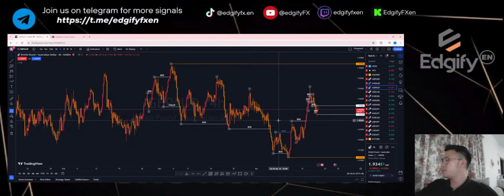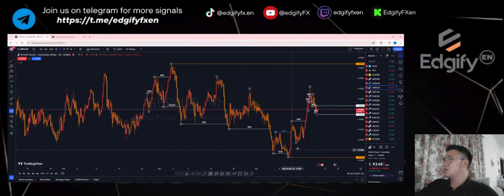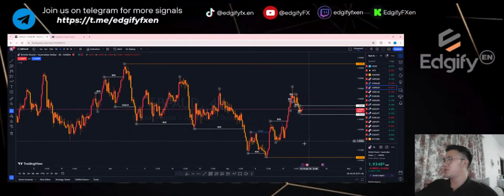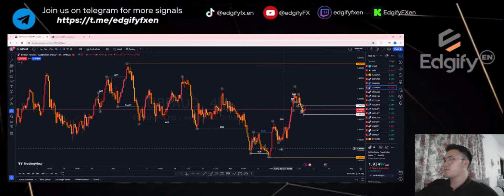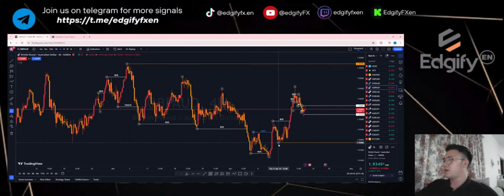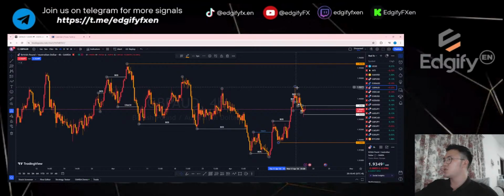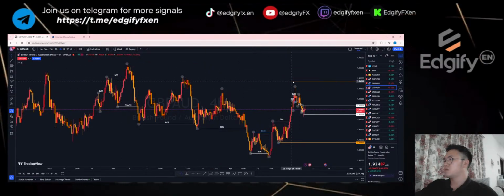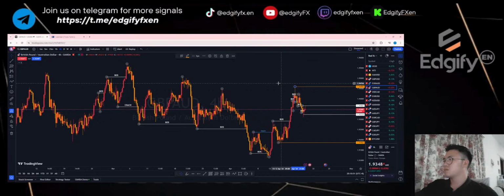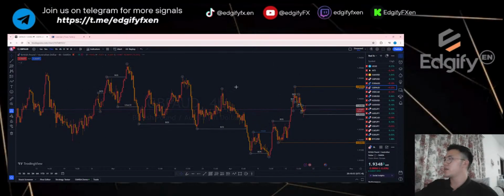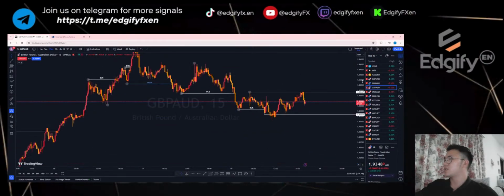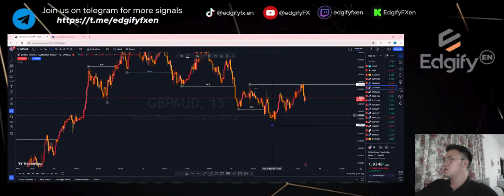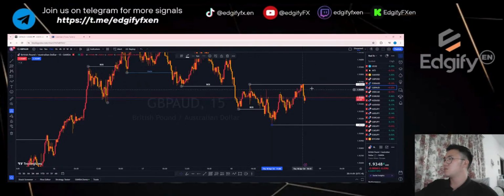Okay, GBP AUD, hour 4 is also an uptrend, which we have from here to here. Looking at the minute 15, it's currently coming down.